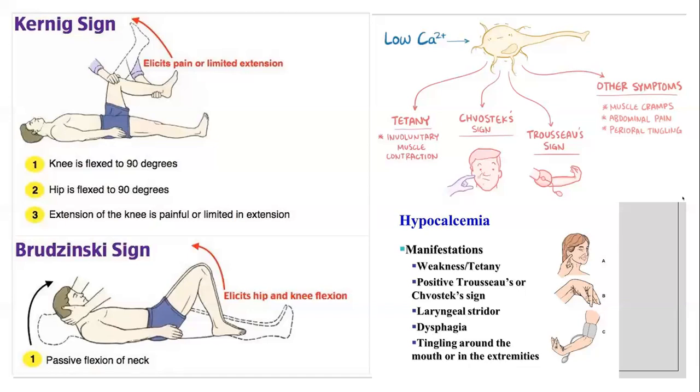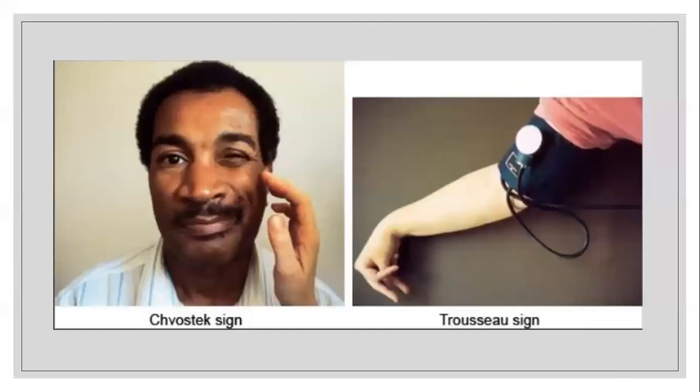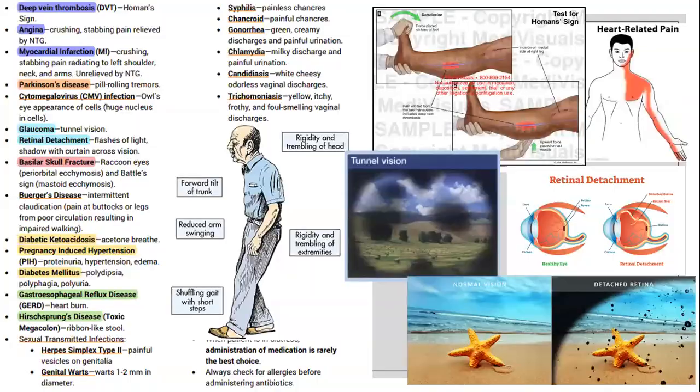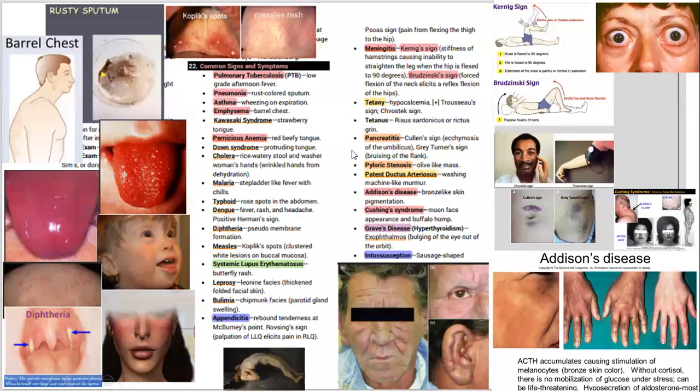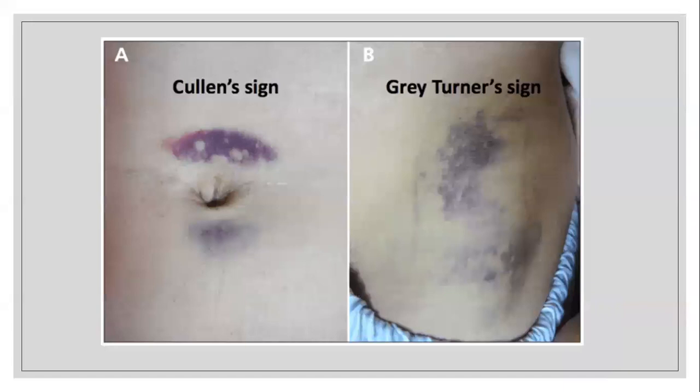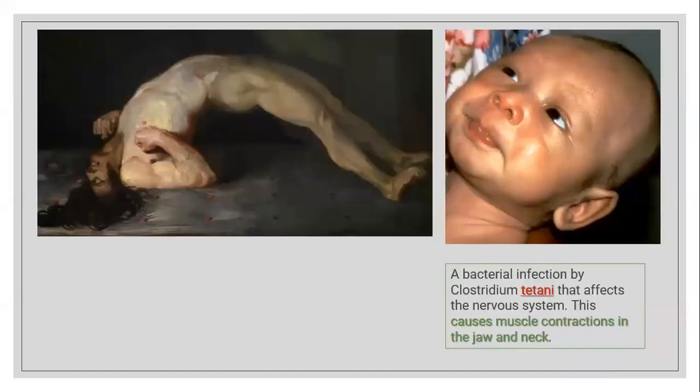And next is tetanus. With tetanus, we see the risus sardonicus. In this picture you can see, because of tetanus, sometimes it is called Clostridium tetani.